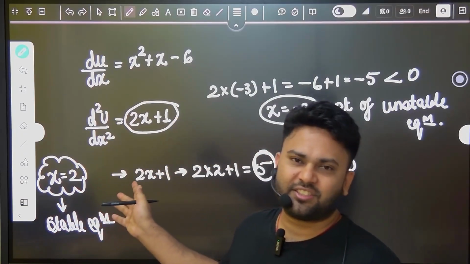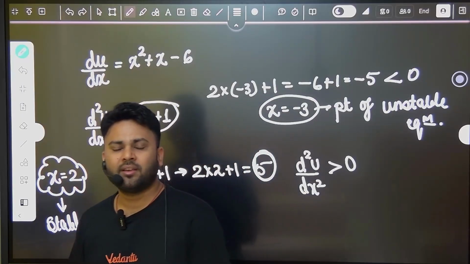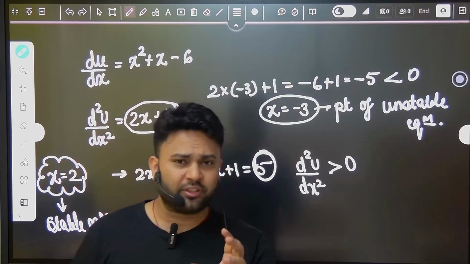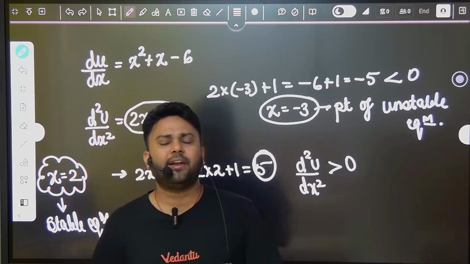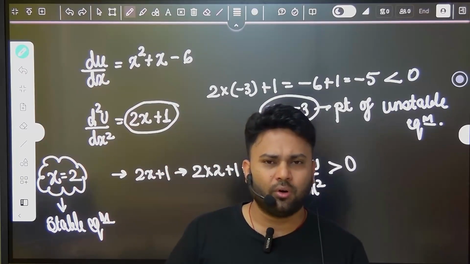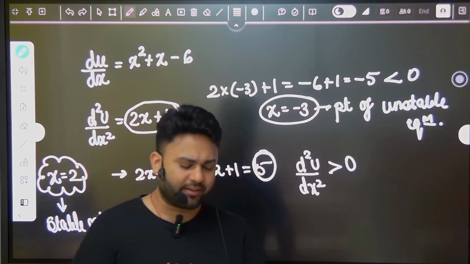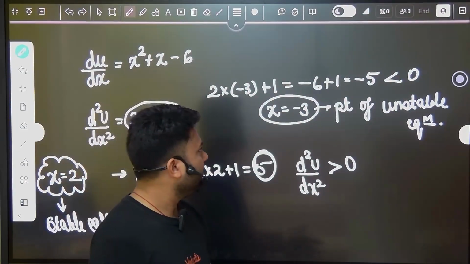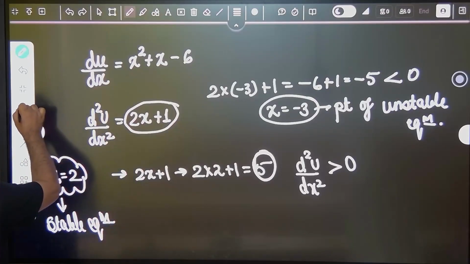We have seen stable equilibrium and unstable equilibrium. Okay. Next, we have two things. One is power and one is vertical circular motion.